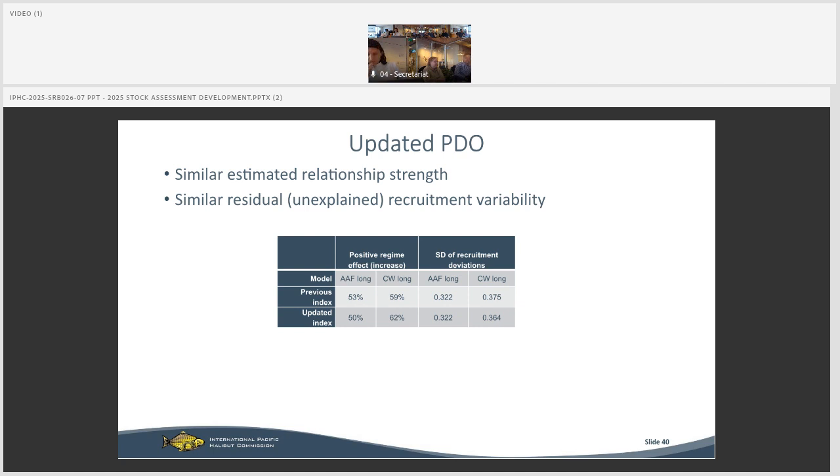One of them goes down, the areas-as-fleets long coefficient goes down slightly, and the coastwide long goes up slightly. The amount of variance explained is basically the same for the areas-as-fleets long model, and only slightly less for the coastwide. So despite the fact that the regime definitions change a little bit, basically it's a wash.